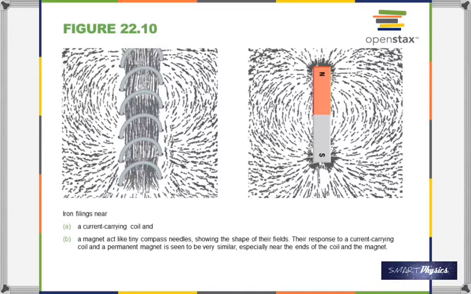Which shows that a current carrying conductor always produces a magnetic field. It's worth writing down. If you have a current, you have a magnetic field. A current carrying conductor always produces a magnetic field.